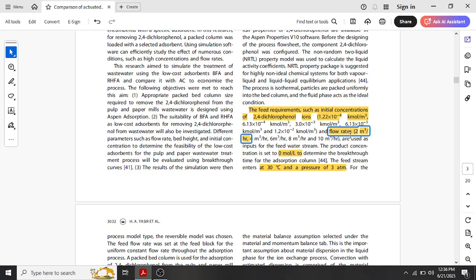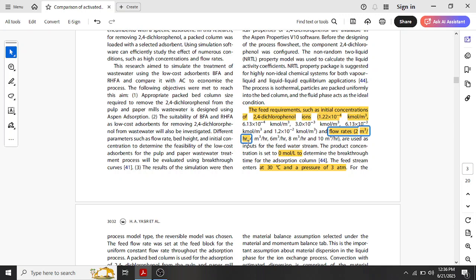The breakthrough curve is nothing but a plot showing the concentration of the component in the product stream. When the concentration of dichlorophenol in the product stream reaches 95% of the feed stream concentration, we will obtain the breakthrough time.